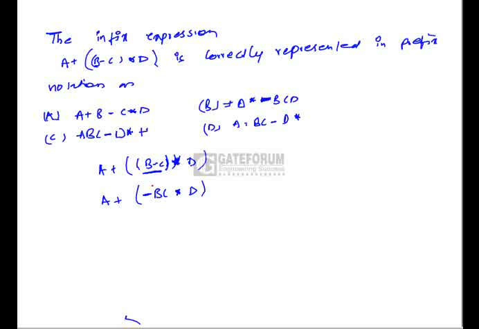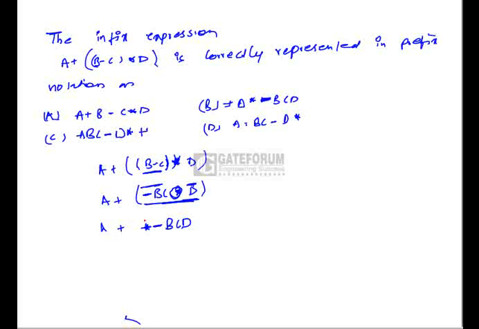Here these two are operands for this operator, so the prefix notation for this would be a plus star followed by minus followed by b, c and d.